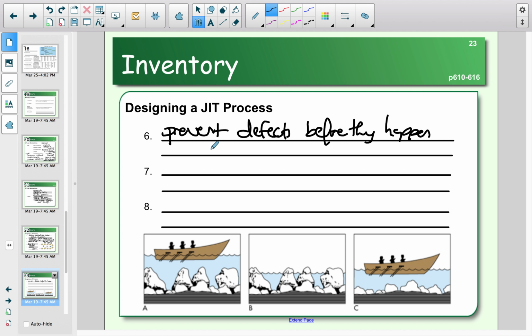One way to prevent defects before they happen, or quality assurance, is to use what is called a poka-yoke. Poka-yoke is a Japanese term, and essentially it is a small, inexpensive, simple technique to prevent defects before they happen.